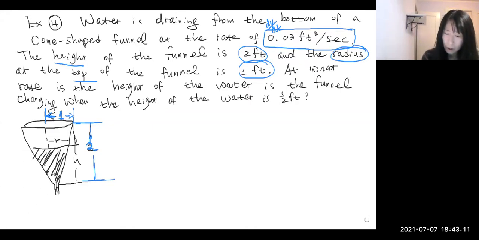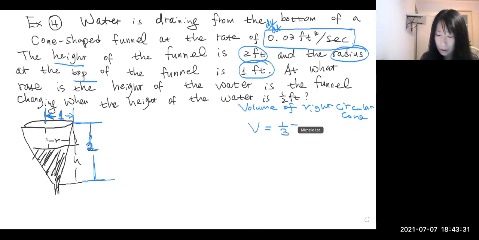Okay, so let me write down the volume of a right circular cone. So that is V equal to 1/3 pi r squared h. Okay, now we're not doing the derivative yet because we're gonna use the information. So here, the similar triangle, look at the ratio.